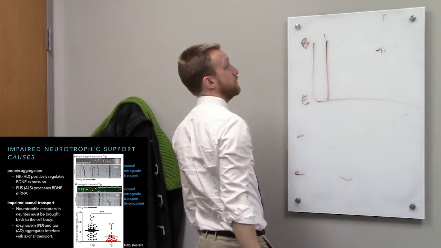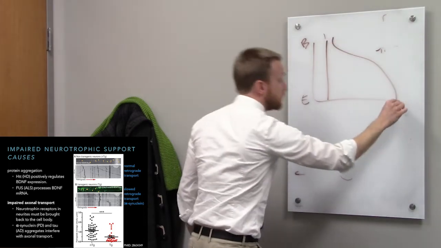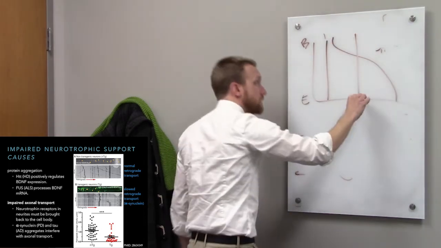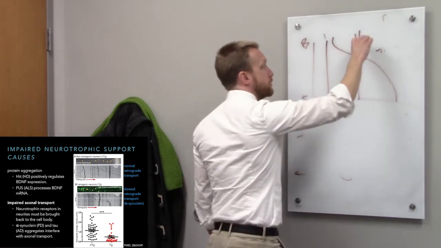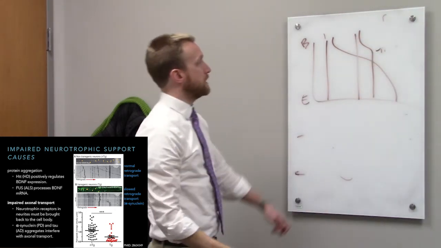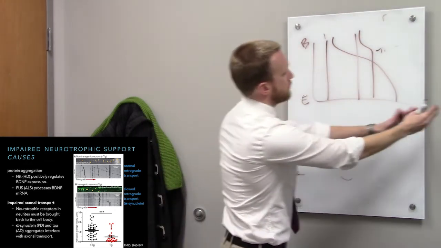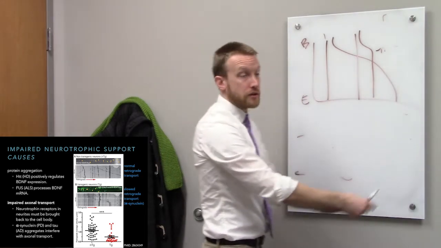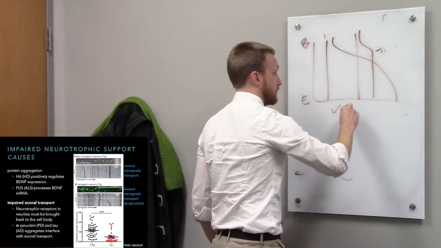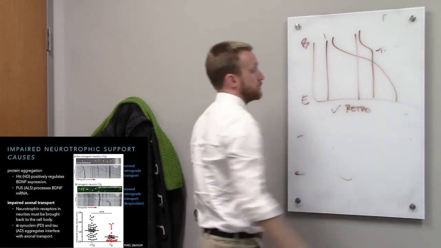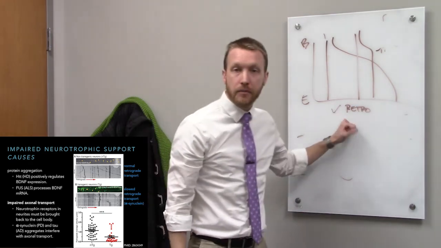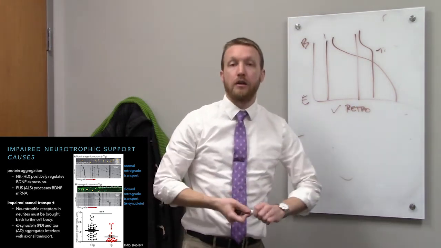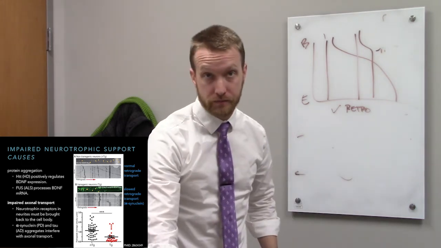This thing didn't move. This thing moved. This thing didn't move. This moved a little bit and stopped. So as we're shifting to the right, that's showing us what we want to see. That is our retrograde transport, which is what has to happen if neurotrophin receptors are going to prevent apoptosis.